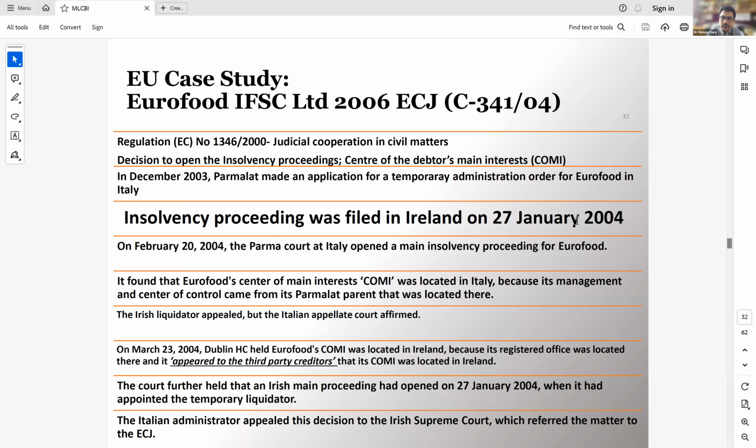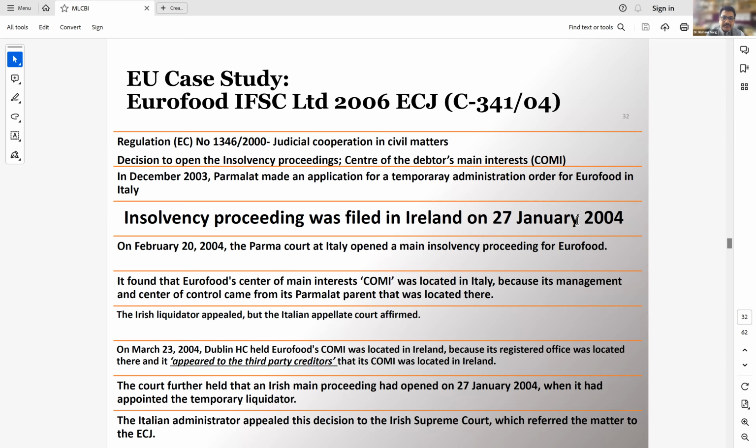The Italian Holdco contested, and the Italian court did not listen to the Irish administrator, and basically just threw him out, saying that we are the Holdco, and there is a temporary administrative order, and we will not even listen to you.